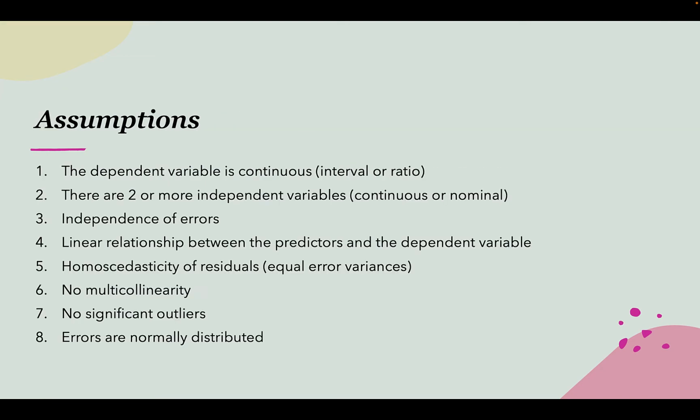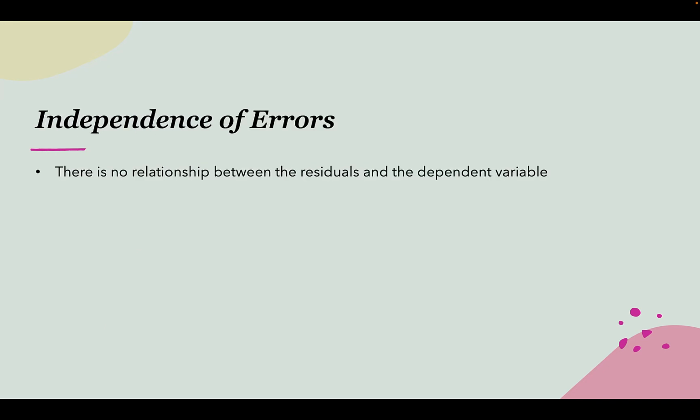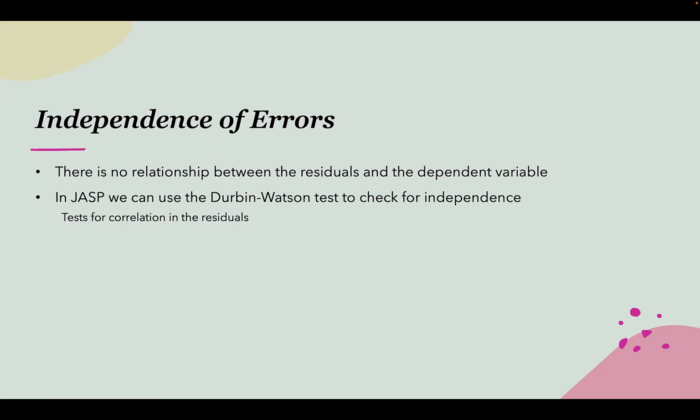All right, so now let's go into these with a little bit more detail. So what do I mean by, for example, independence of errors? Independence of errors says there's no relationship or correlation between the residuals and the dependent variable. In JASP, we're going to use a test called the Durbin-Watson test to check for this independence. This Durbin-Watson test is a test for correlation in the residuals.